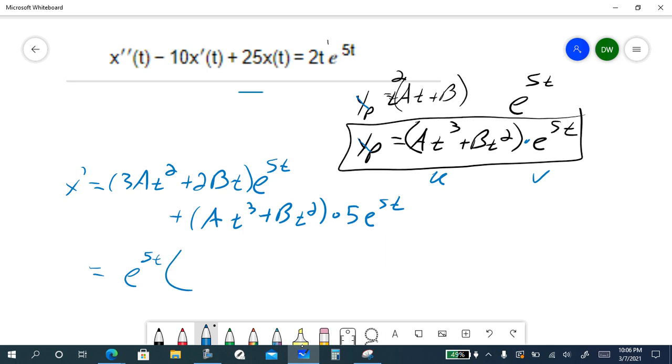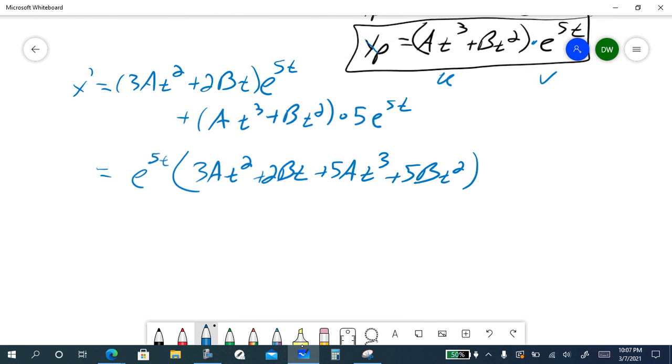That's going to give us (3a t squared plus 2b t), and then when we distribute 5 to this, that's going to give us 5a t cubed plus 5b t squared. We could simplify that if we wanted to. We could combine our t squareds there, or we can just leave them as they are for now.